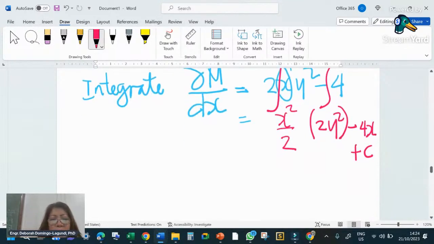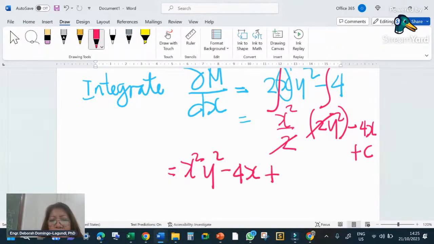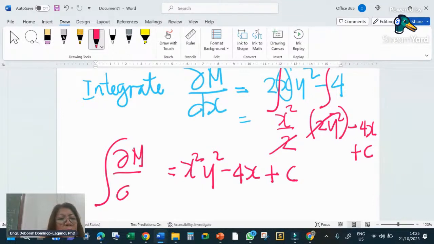Okay? So let's continue. X squared over 2, that cancels out. You have x squared y squared minus 4x plus c. That's the partial integration of m with respect to x.